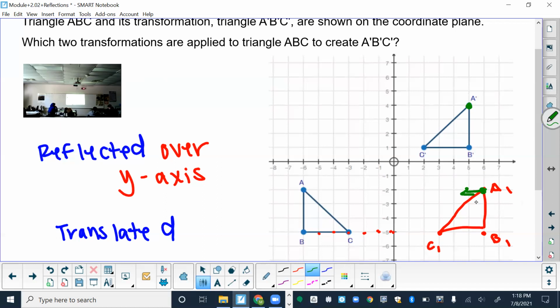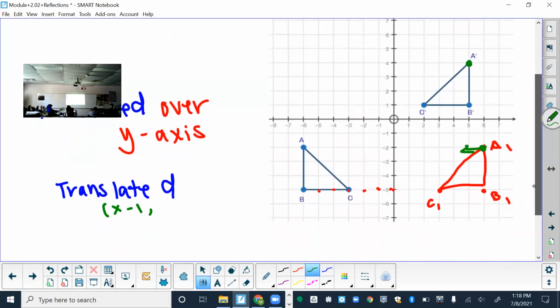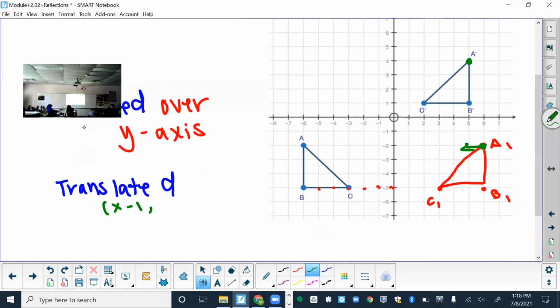All right, I moved it 1 to the left. Is that going to be positive or negative movement if I'm going to the left? So it should be -1. So just like how we wrote the rules for translations, like the one you took a quiz on and did really well on, should be x -1 for the translated rule.